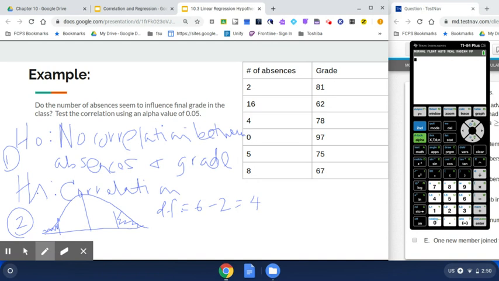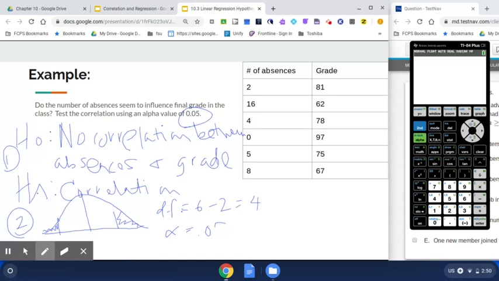The alpha level was given in the prompt as 0.05. If it is not given in the prompt, remember that 0.05 is our default alpha, and we need to make sure that we're looking for that in the two-tailed section of the chart.